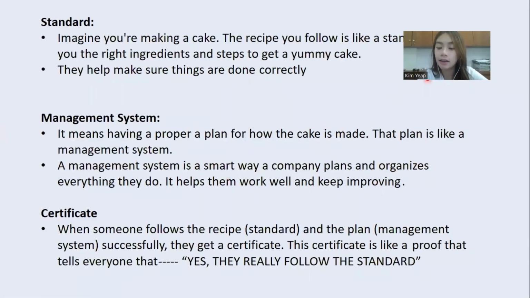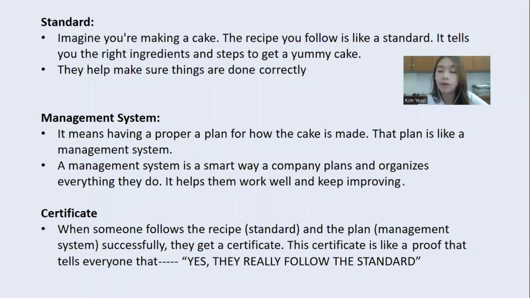Okay, let's take an example about a standard. We are going to take this example to explain to you what it means. Imagine you are making a cake. For you to make a cake, you need a recipe. The recipe that you follow to make the cake is what we call a standard. By having a standard, it tells you the right things to do.